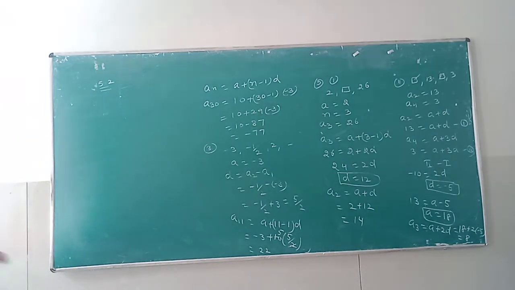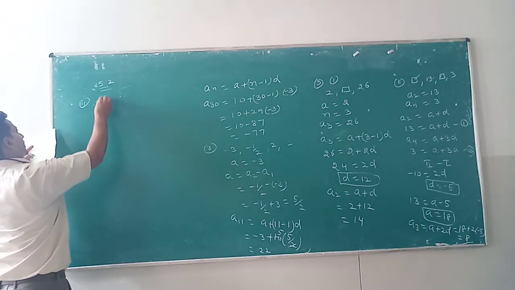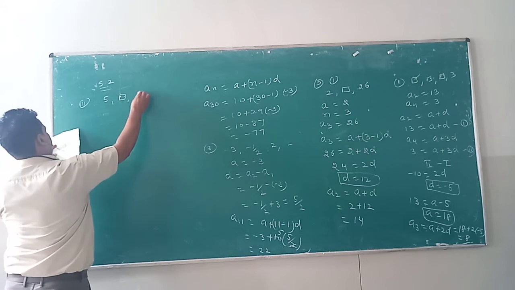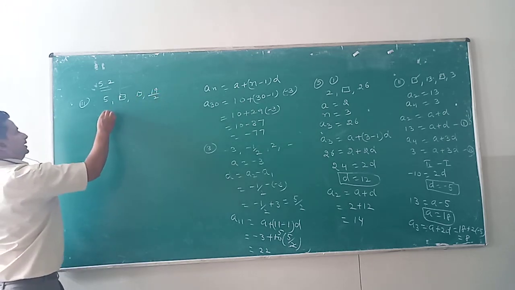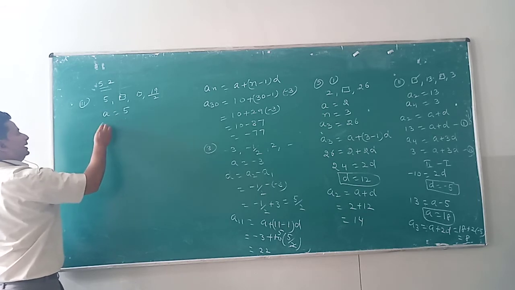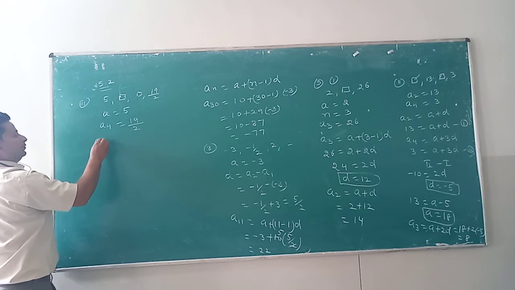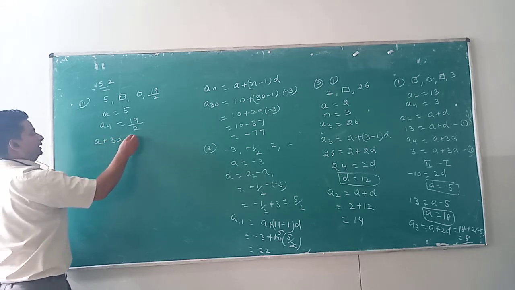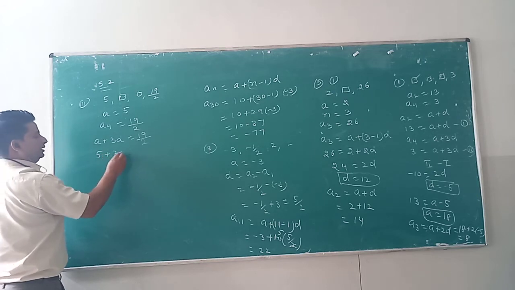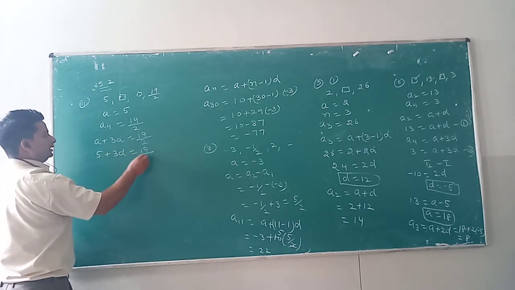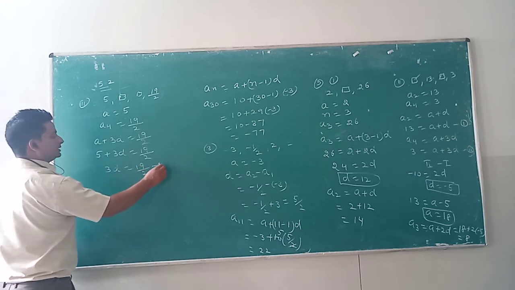In the next question, question number 3, 5, missing terms, and 19 by 2. So in this AP, a is equal to 5 and a4 is 19 by 2. So a4 is a plus 3d, 19 by 2, a is 5 plus 3d equals 19 by 2. 3d is equal to 19 by 2 minus 5.